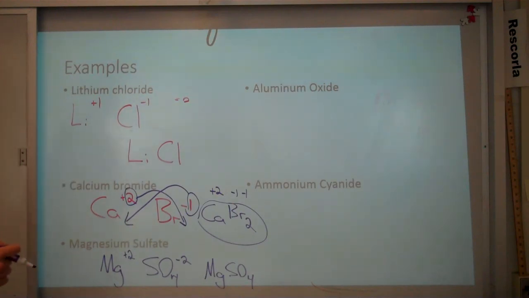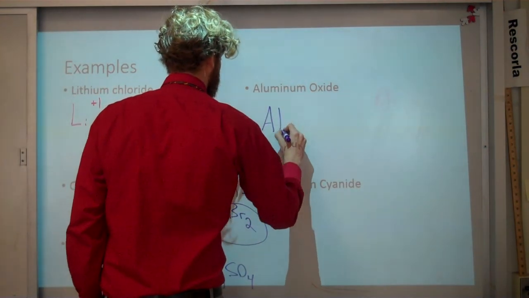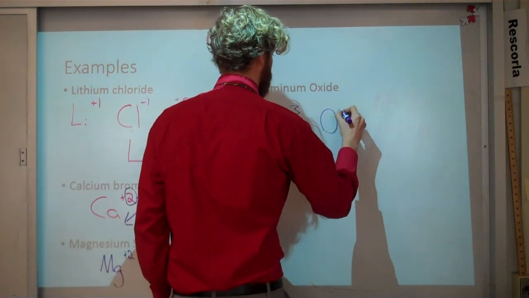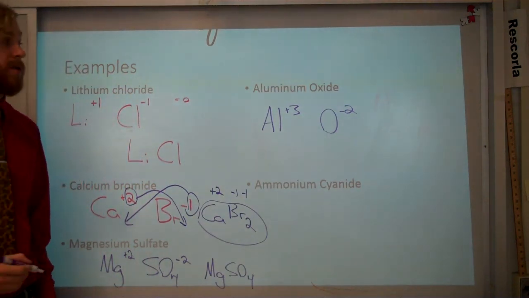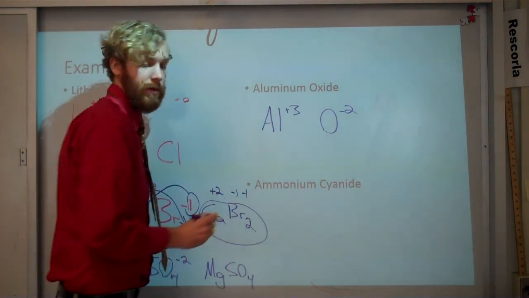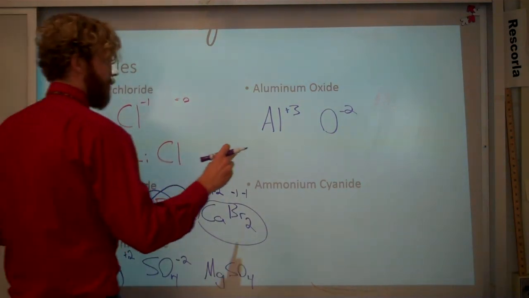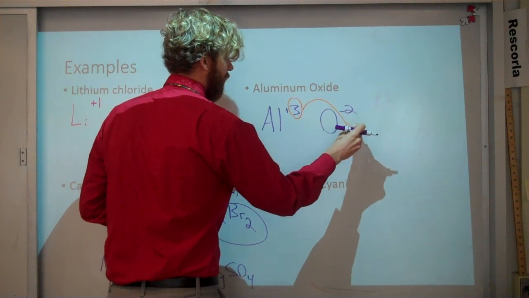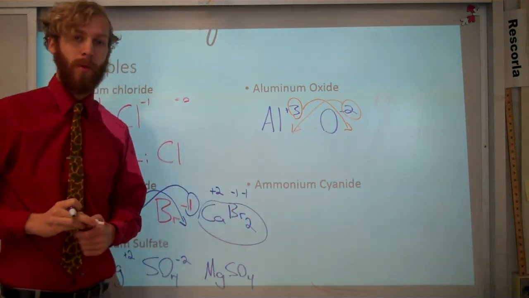Now let's look at aluminum oxide. So aluminum is going to have a charge of +3, oxide -2. We're going to do the cross and drop method again. So this 3 is going to come down to the oxygen, and oxygen's 2 is going to come over to the aluminum.